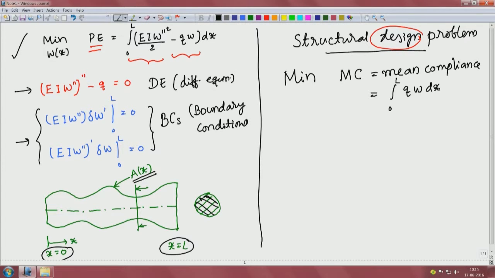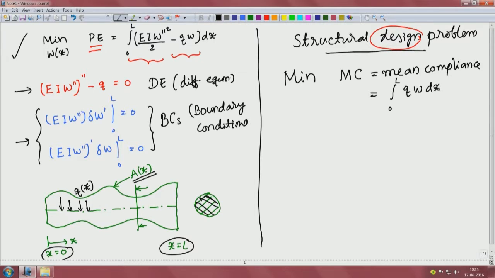That is basically saying that it is the work done by the applied force Q that is acting on the beam. So, if this is the beam, the neutral plane, there is force Q of x acting, and that multiplied by the transverse displacement W is our objective function. So, the work done by the external force, if that is minimized, it is called mean compliance.